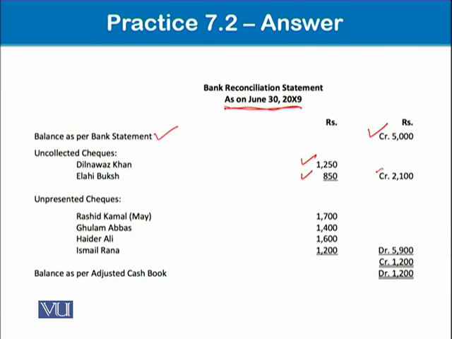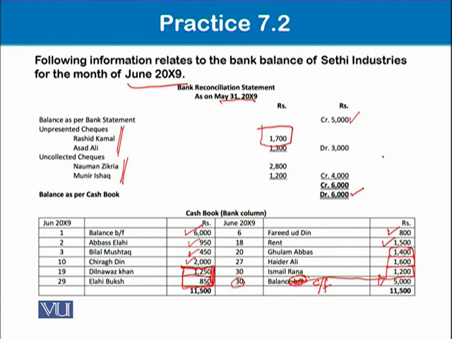We know very well that these are given as credit effect. Here we go. And unpresented checks. Remember, one unpresented checks we will be taking from previous bank reconciliation statement. 1, 2, 3, and 4. These are the unpresented checks.